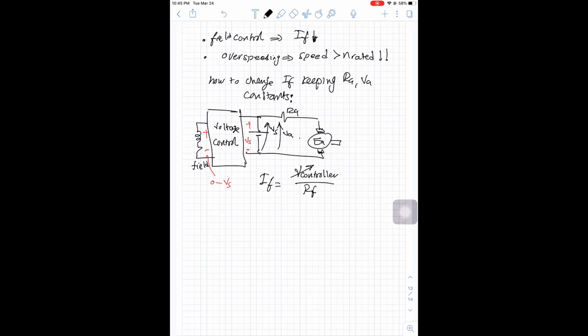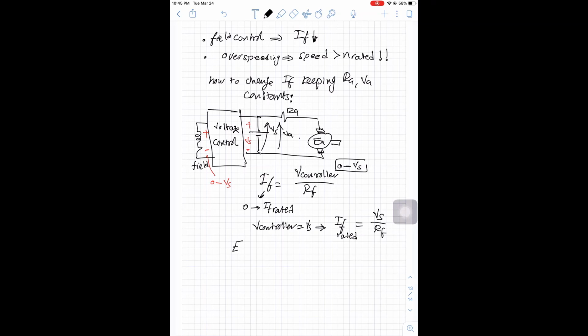So changing V controller will change IF, and you can go with V controller from 0 to VS. So I field will go from 0 to I field rated. When V controller equals VS, by design, IF will be IF rated equal VS over RF. And if you go with your field to 0, if I field is 0, your speed will go to infinity.